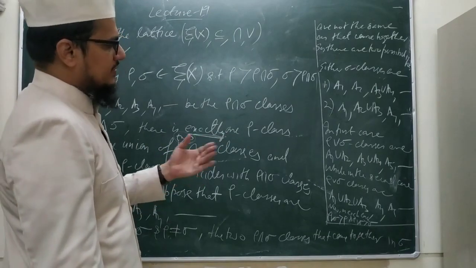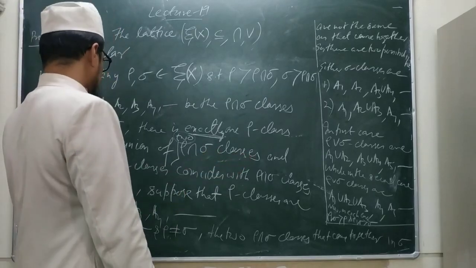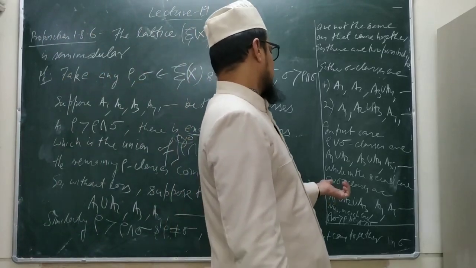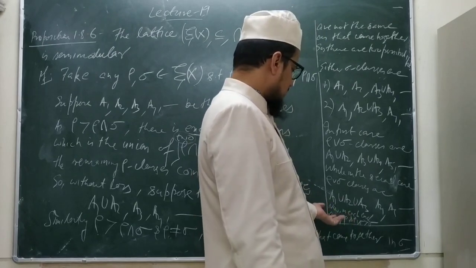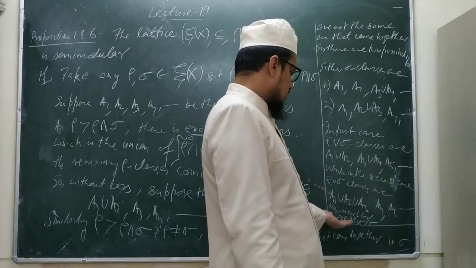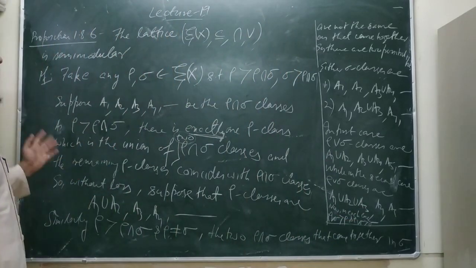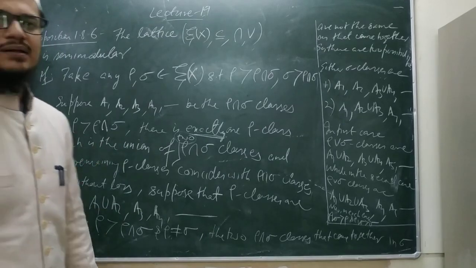Now if we talk about the second case, A1 union A2 union A3 will cover this also. So in this way, in each case, rho join sigma classes cover rho as well as sigma, in both cases. So in this way, we have proved that the lattice of equivalences is always a semi-modular lattice. Correct?